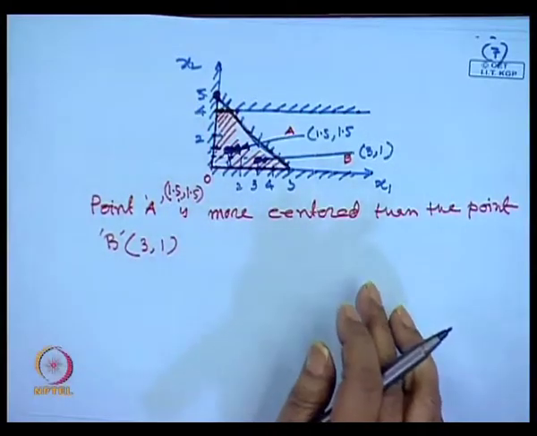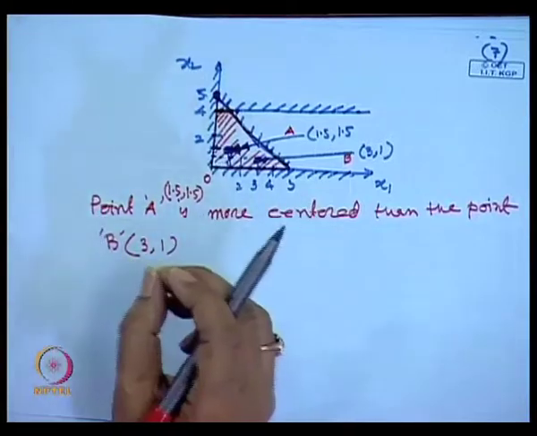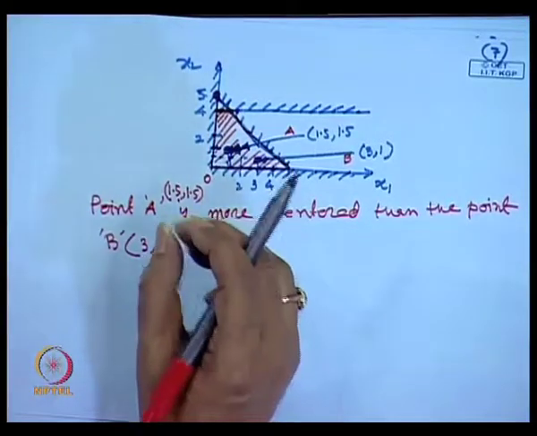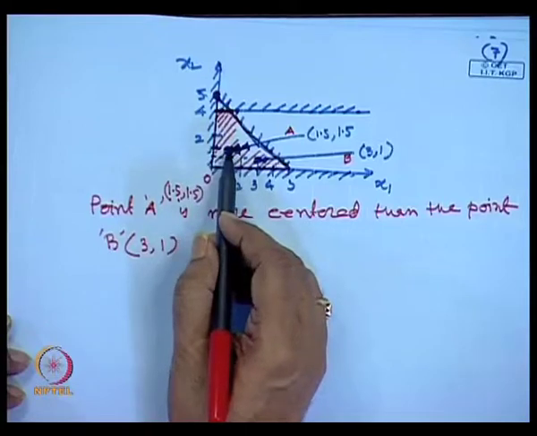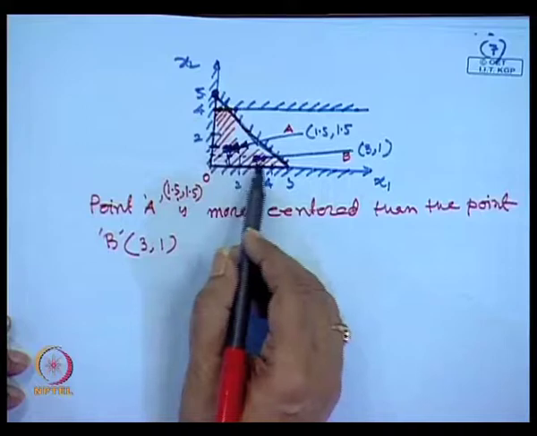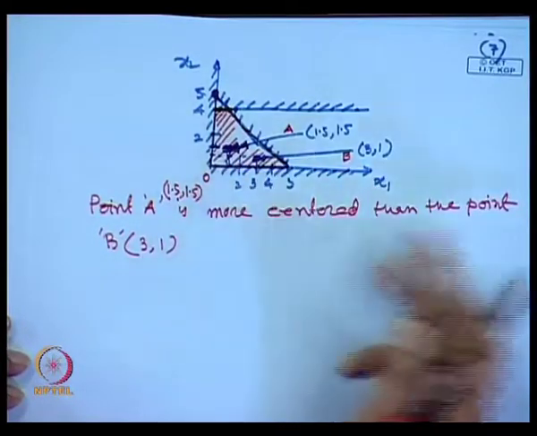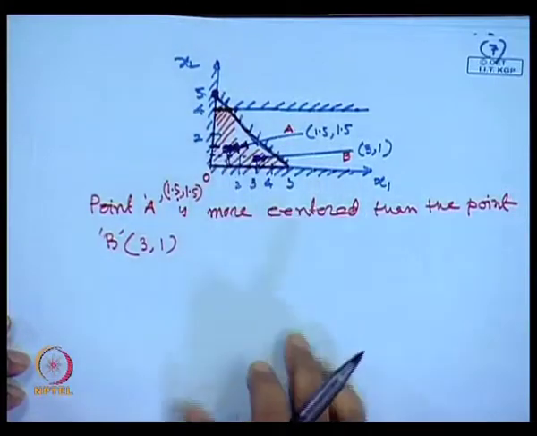More centered means point A is equidistant from the coordinate axes. This is 1.5, from here also 1.5, equidistant, and here B is off centered. You can say point B is more off centered compared to A.